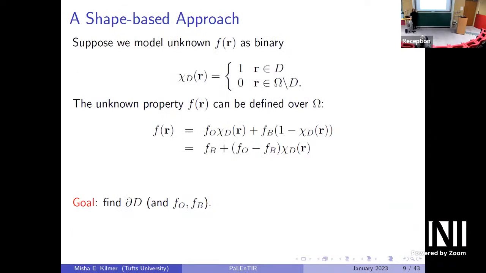So the first thing that one might think of in terms of doing something like this is, okay, if I assume the simplest case, my image is just binary. It's piecewise constant with one transition.